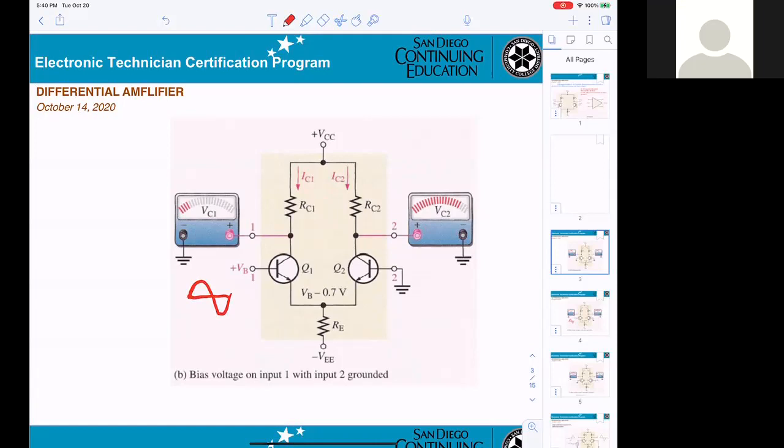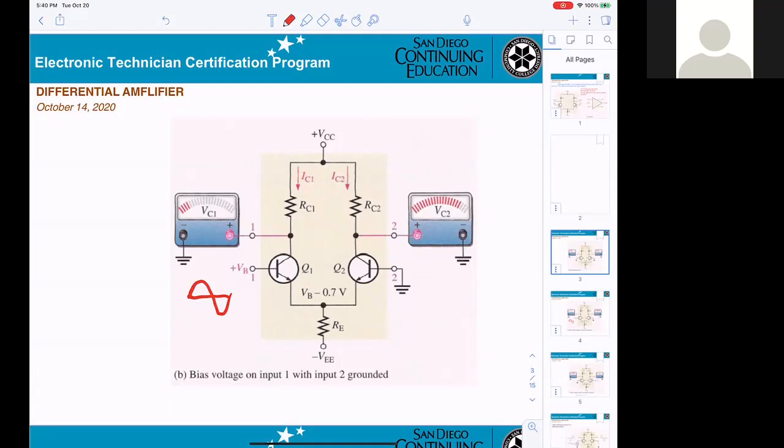Can you repeat the question? I said on this circuitry, they apply a sine wave into Q1, and the Q2 base will be grounded. My question is, what is the configuration, the amplifier, for Q1?